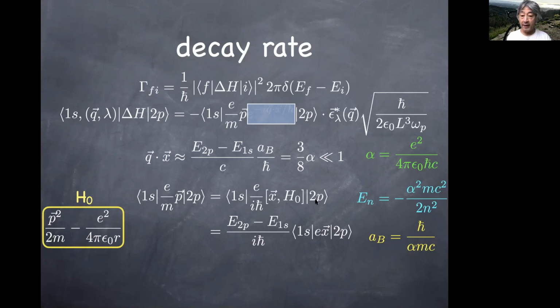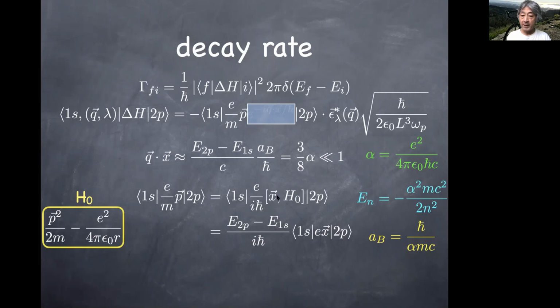Then I use the fact that the 2p and 1s states are eigenstates of the H0 operator. So when I have this commutator in this ordering, x H0, H0 acts directly on the 2p state, which pulls out the energy eigenvalue of the 2p state. And minus the opposite ordering between H0 and x, then H0 acts directly on the bra 1s, so that pulls out the energy eigenvalue of the 1s state.